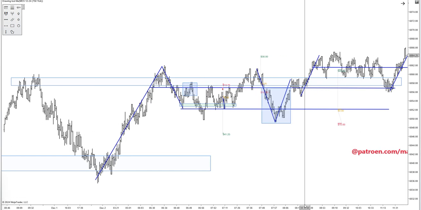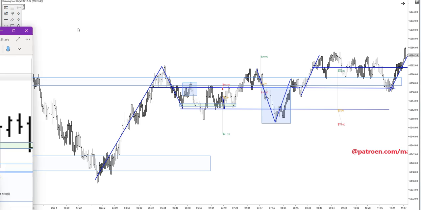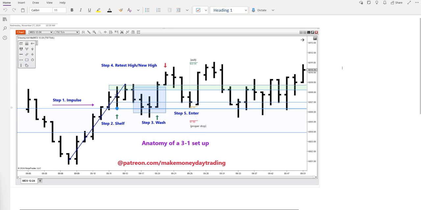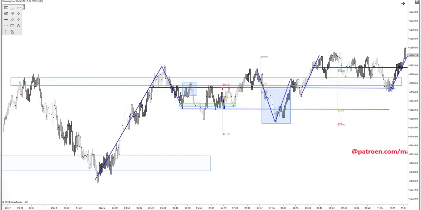Guys, remember, what are we looking for? We're looking for this: impulse, shelf, wash, retest, enter. That's what we're looking for. So we have our impulse leg. We have a little shelf. We have a couple shelves. I don't like this shelf because it's so close to the high.